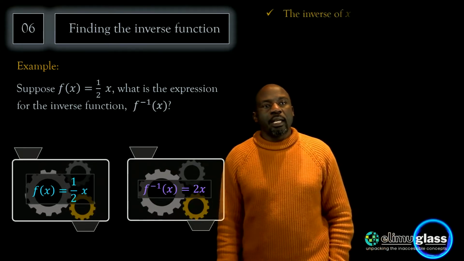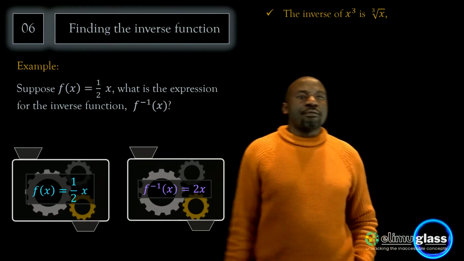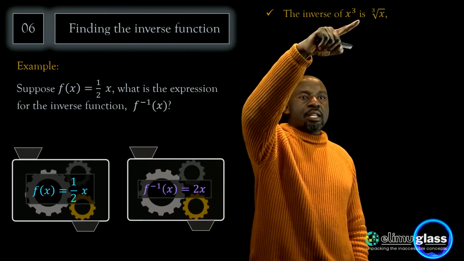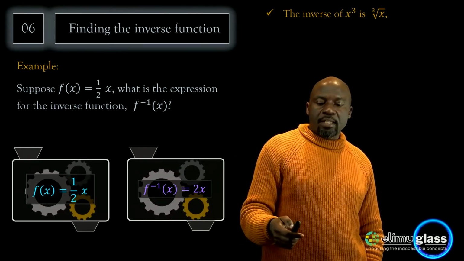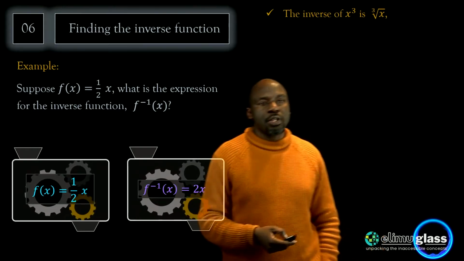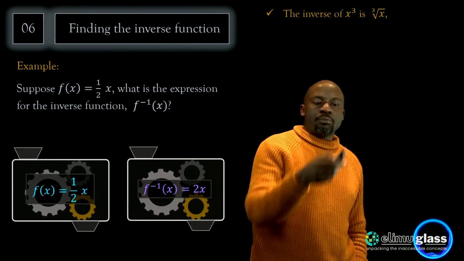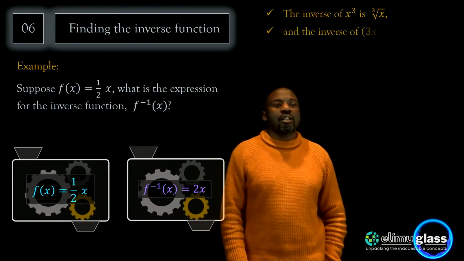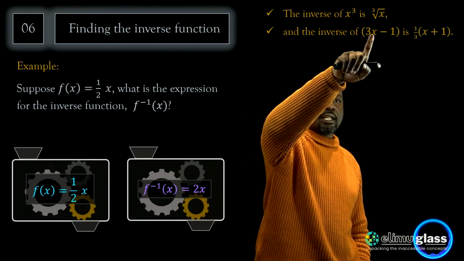Okay. Here are other functions and their inverses. So if a function is x power 3, then the inverse function is going to be the cube root of x. All right? That is easy to see because the inverse of a cube is the cube root. But sometimes there are 2 operations. So for example, you can see that here there is a multiplication.